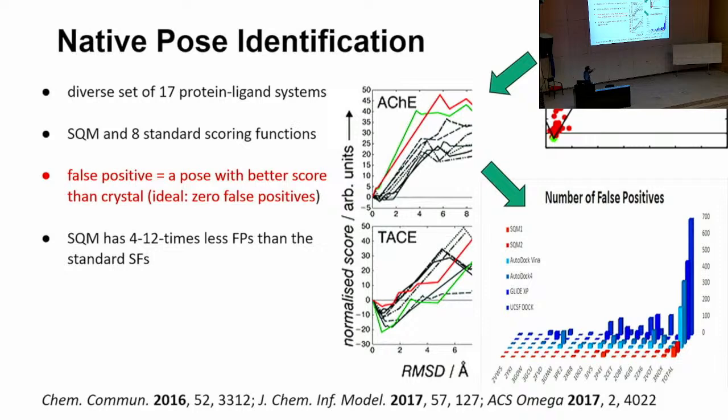You can see it in this graph on the right, where you have the individual protein-ligand systems on the x-axis and the number of false positives on the y-axis. In blue you can see what you normally get with standard scoring functions, at least tens or hundreds.